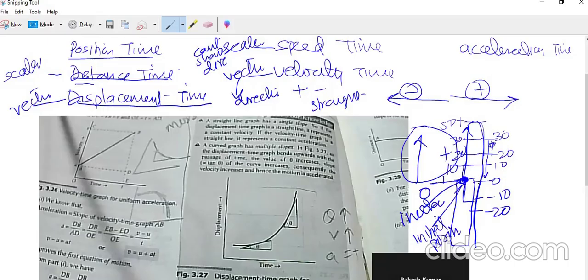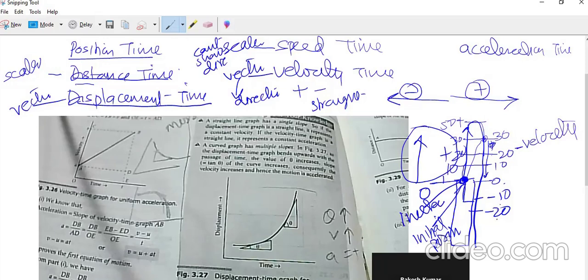When it is here, it is plus 10, 30. It's still high. Though we are going down, the velocity has become negative. The velocity has become negative, but the displacement is still positive.